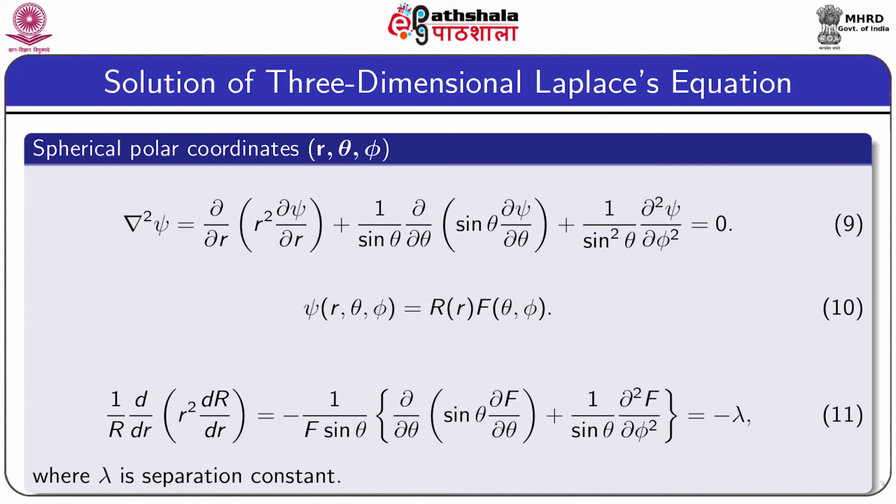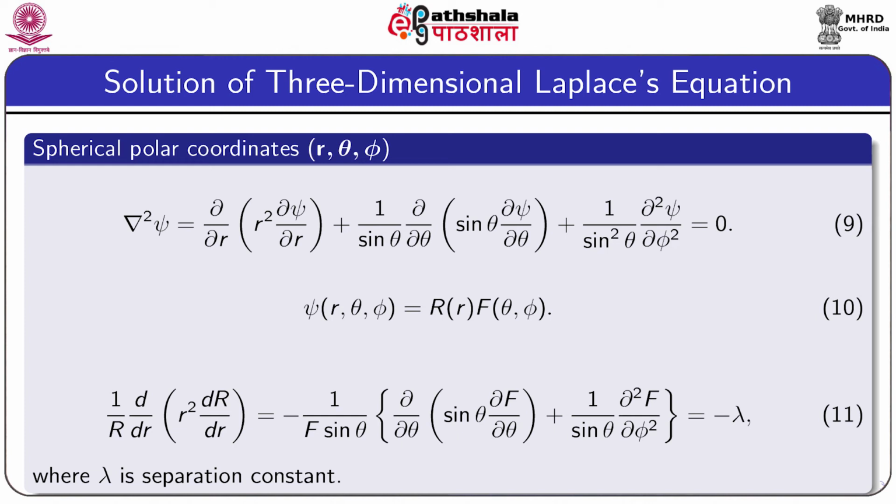If you substitute 10 in 9, we obtain the equation which is written in equation number 11. From this equation we are separating the variable capital R from theta and phi, and we are assuming that lambda is the separation constant.